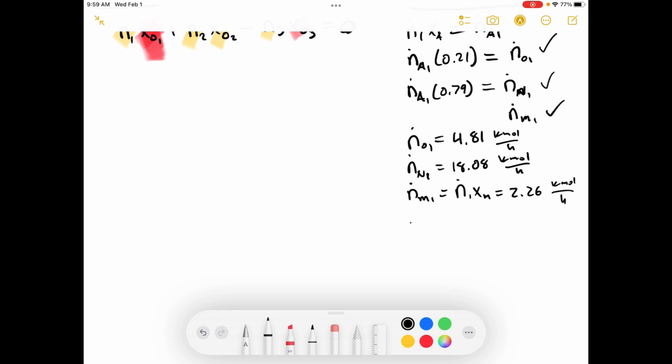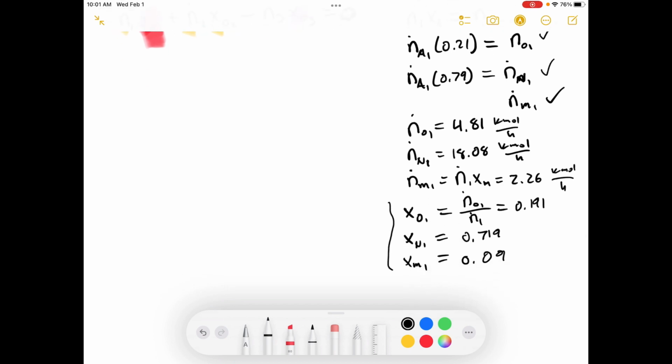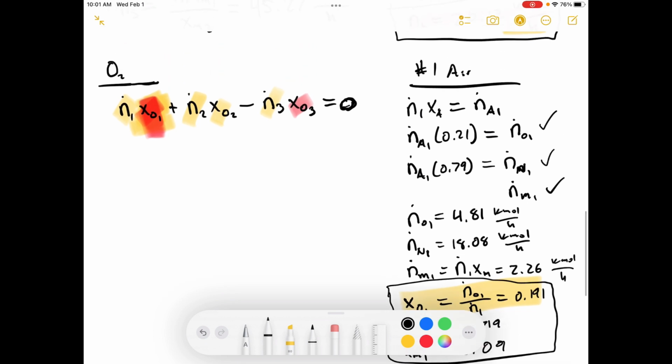So our overall mass fractions. Okay, now we've got our overall mass fraction here for stream 1. And that was the really important one, because now that we have that, we have our last remaining mole fraction for stream 1 that we needed to know.